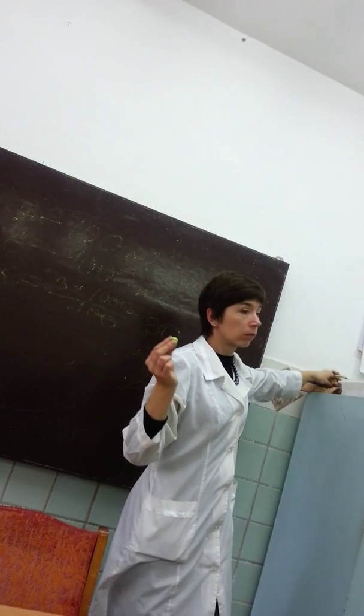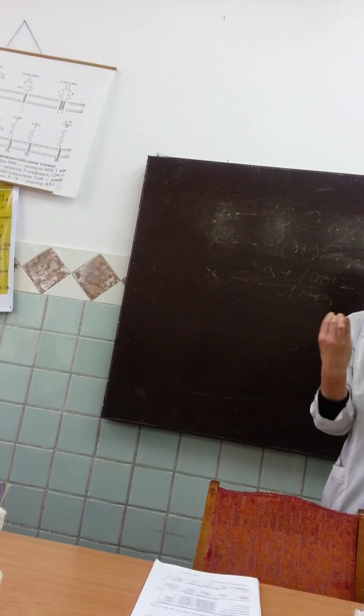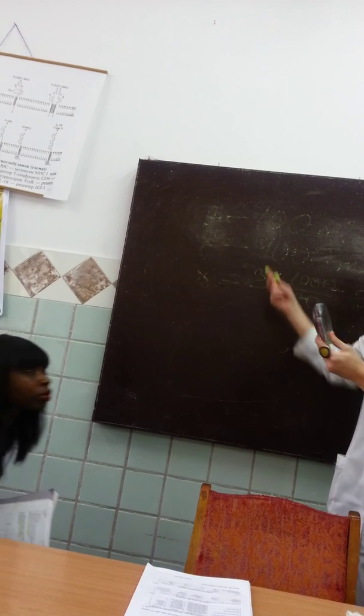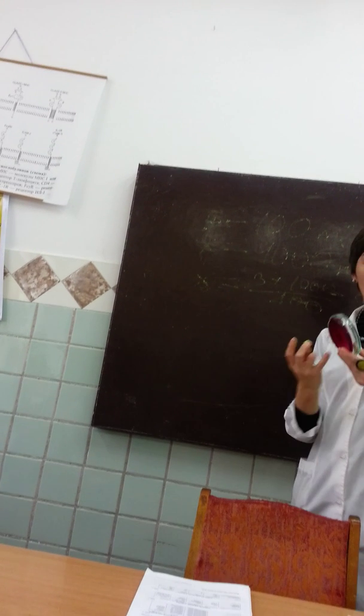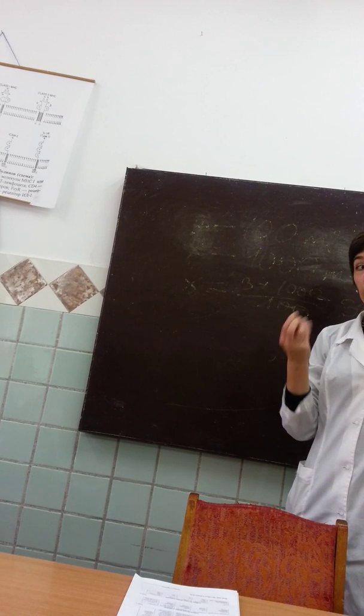You see, from 100 milliliters that the teacher said passed through, we have 3 colonies. How many bacteria are present in 1000 milliliters, in 1 liter? That's why it's called the index.